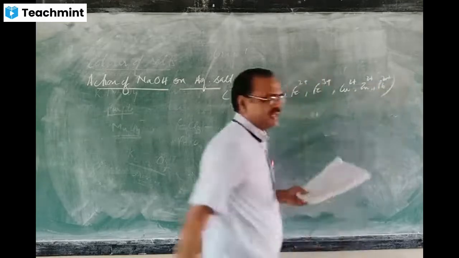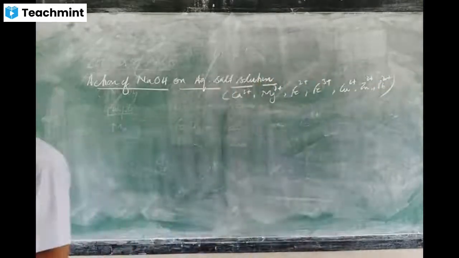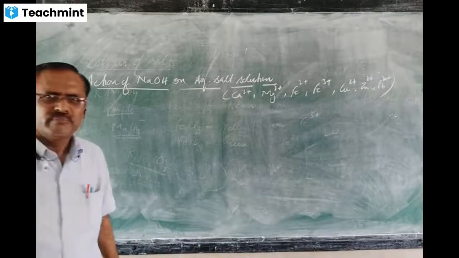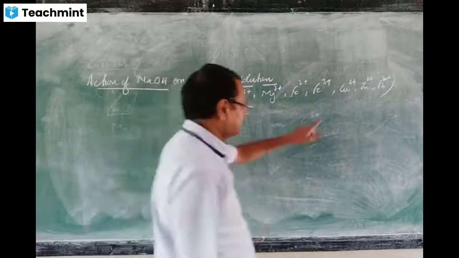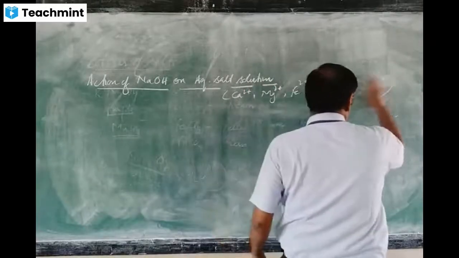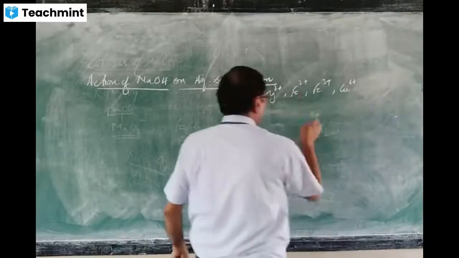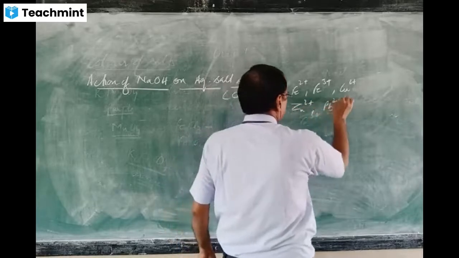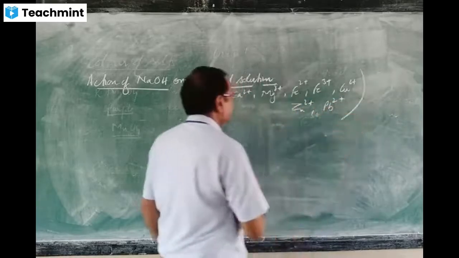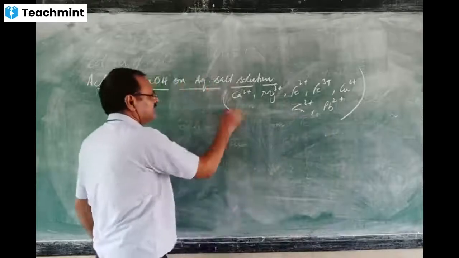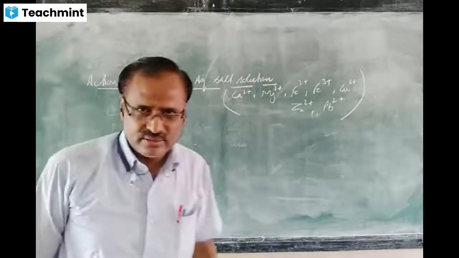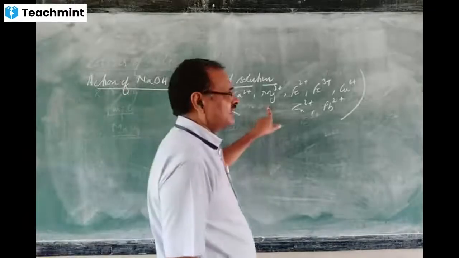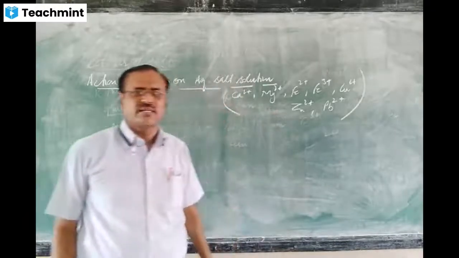These many cations are given in your syllabus, and only those you have to study. Visible to everybody? Yes. So these cations are in the syllabus, so only those you have to study.